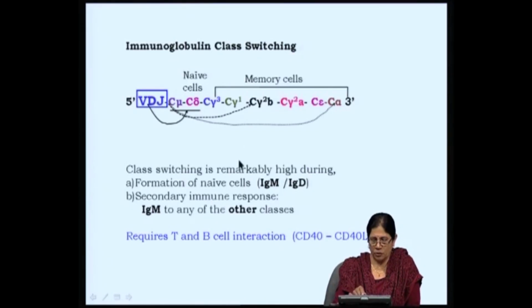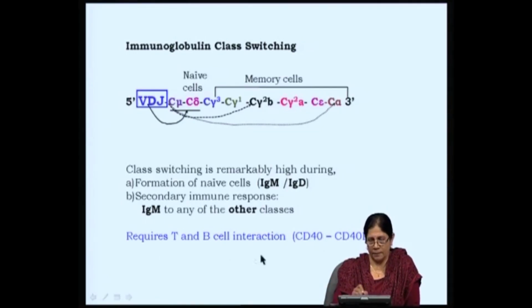In the secondary response, class switching is remarkably high, where IgM switches to any one of the classes of immunoglobulins. Again, as I specified in my earlier presentation, this class switching requires T and B cell interaction, just like affinity maturation.